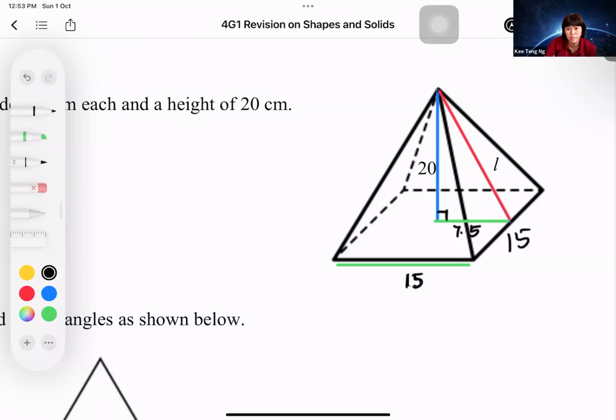How do you find the slant height using Pythagoras theorem? This one is the hypotenuse, the long one, right? Do you add or do you subtract? I have to add them together, right? What number plus what number? So I have 20 squared plus 7.5 squared. Then I need to take the square root. So I can use this to calculate L, the slant height, later.